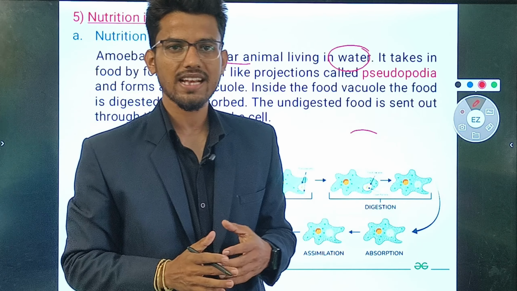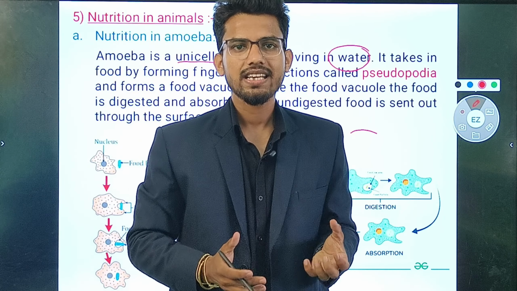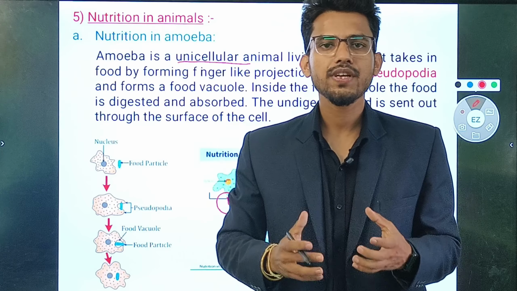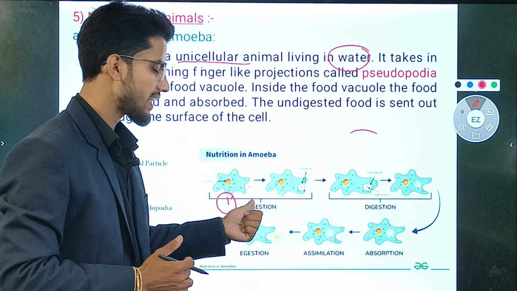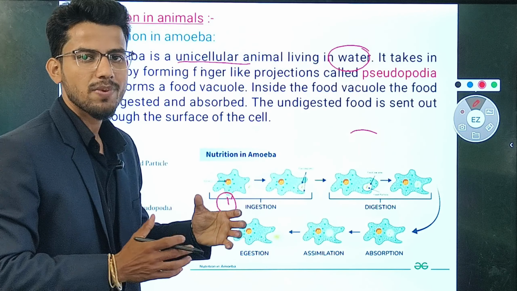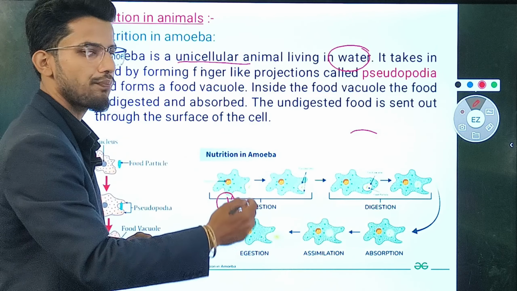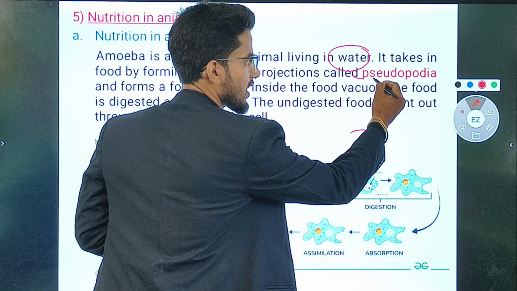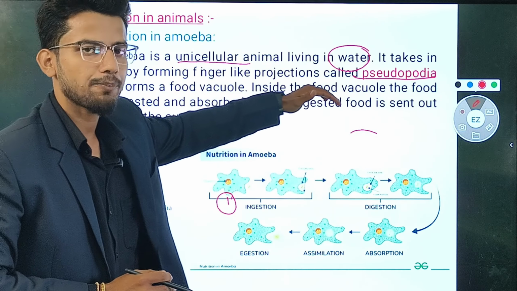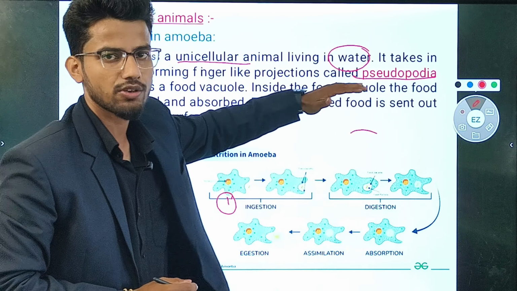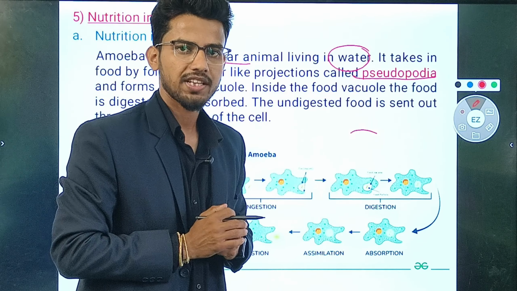Ingestion simply means, as I have already stated, the process through which the living organism takes up the food. In the same way, during ingestion, the amoeba ingests the food by finger-like projections, which we call pseudopodia.